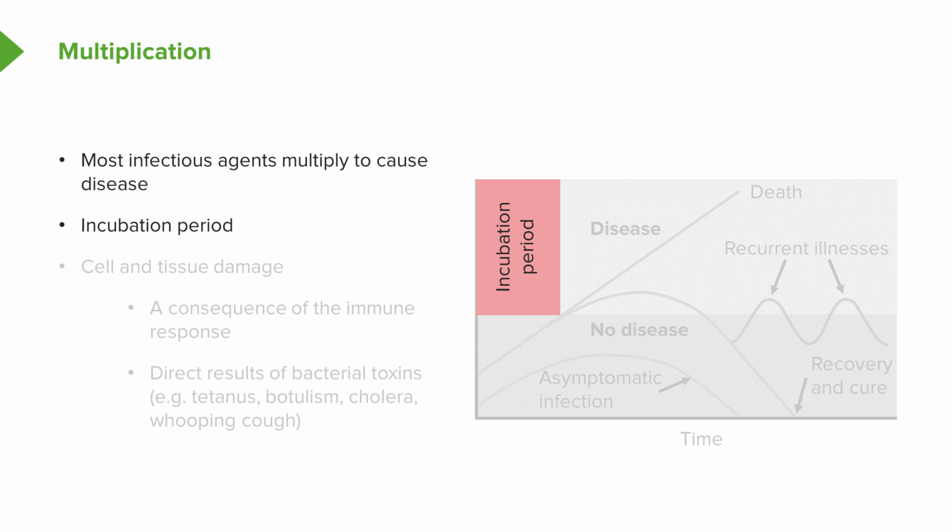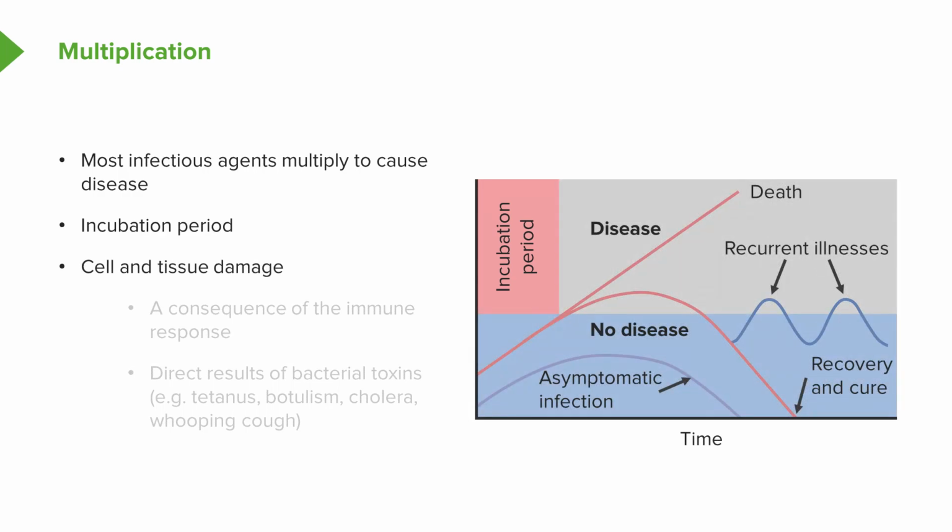This is a period which is variable among the different infections, during which the bacteria are multiplying, but we don't yet have overt disease. During that period, immune responses may be mounting, and you may have fever as a consequence of that, chills, aches, and so forth, but you won't have the actual symptoms of the disease. That is the incubation period.